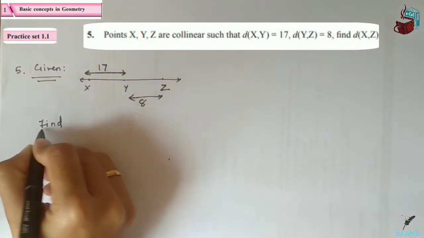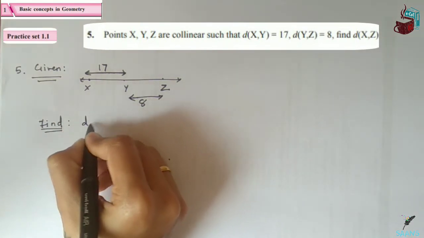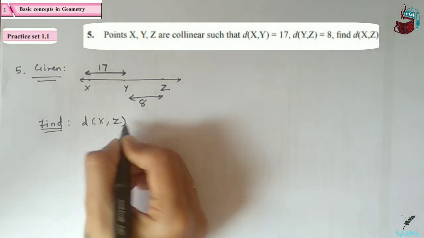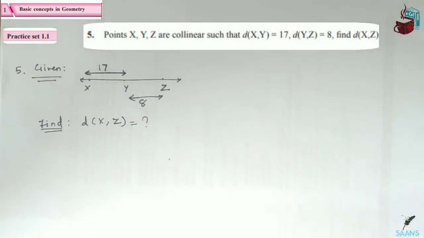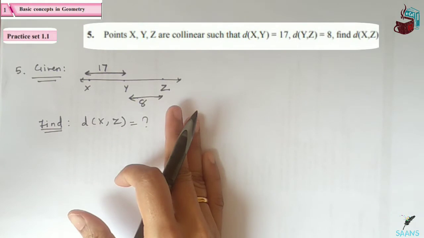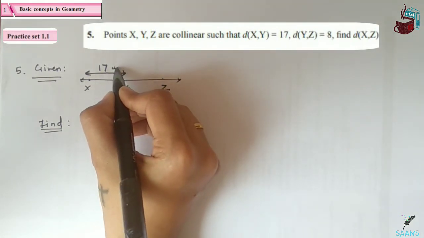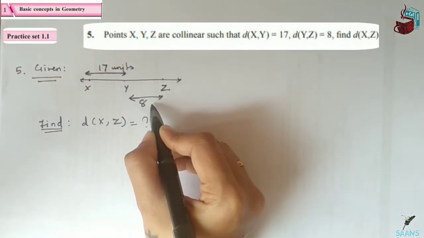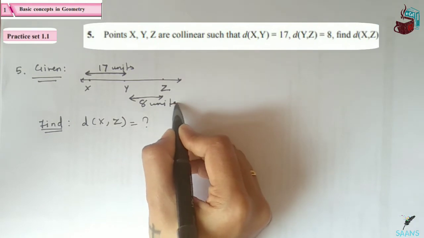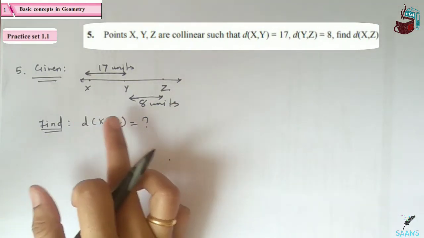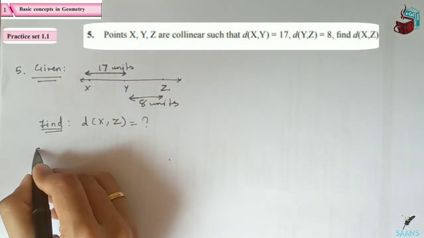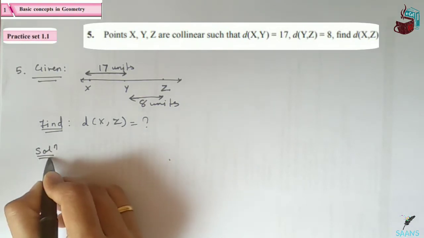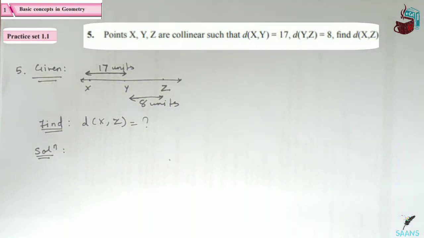So find distance x comma z is equals to how much? Very easy when you all see it. Okay. Remember to write units over here. It's just better. Okay. You have to find distance xz. Solution. Okay. What do we do?